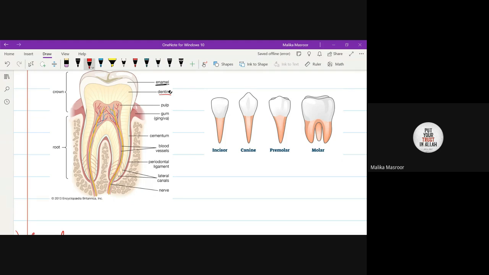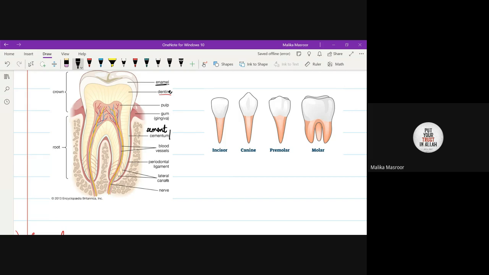Now the part of the tooth that is embedded in the gum is covered by cement, or you can also call it cementum. Basically, the name is cementum, but according to your syllabus. This has fibers growing out of it.